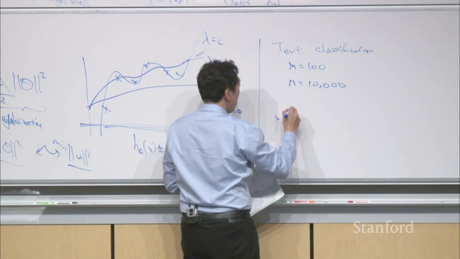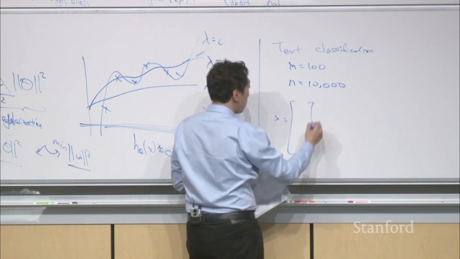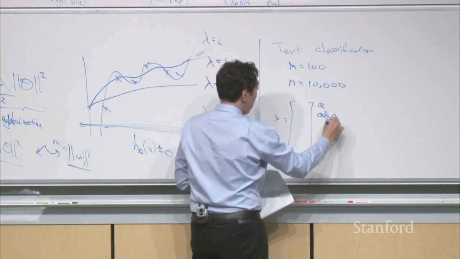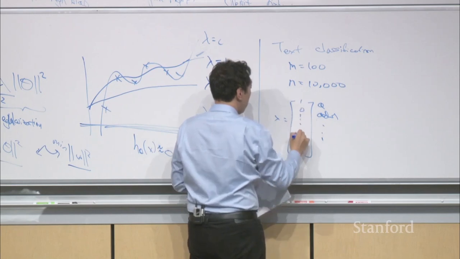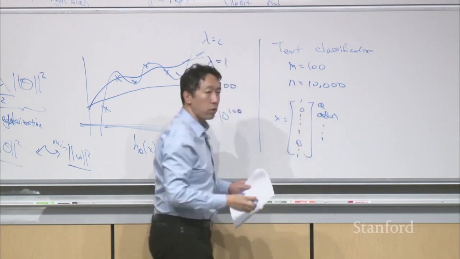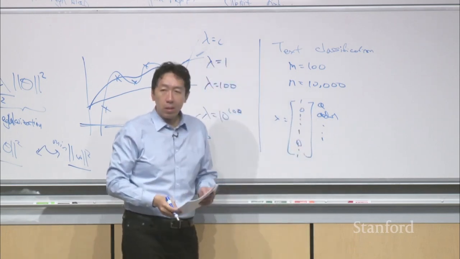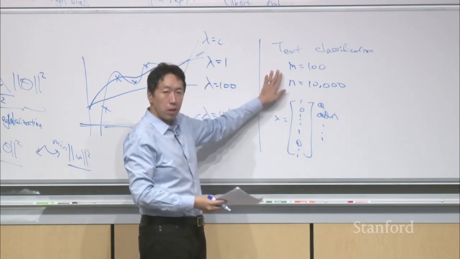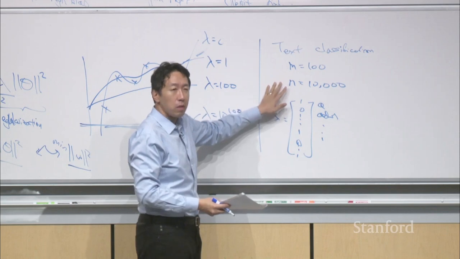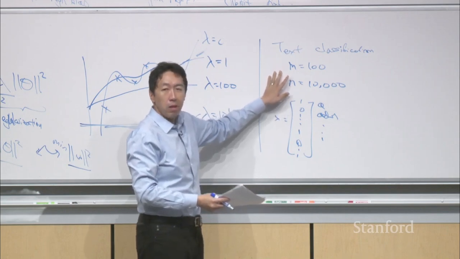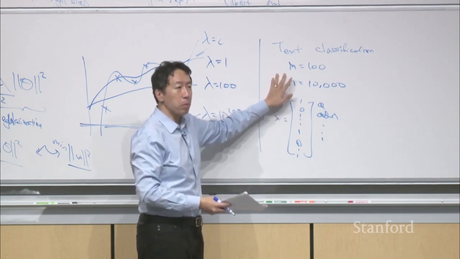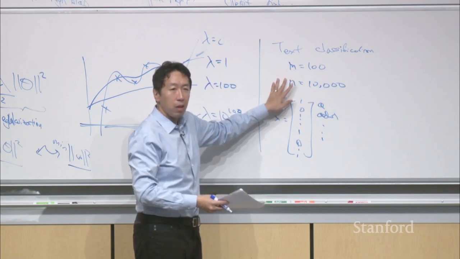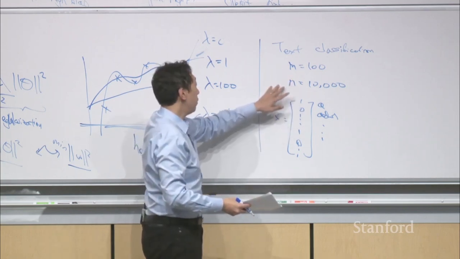So let's say your features are constructed from the dictionary: a, aardvark, and so on, with values like 1, 0, 1. It turns out that if you fit logistic regression to this type of data, where you have 10,000 parameters and 100 examples, this will probably overfit the data.